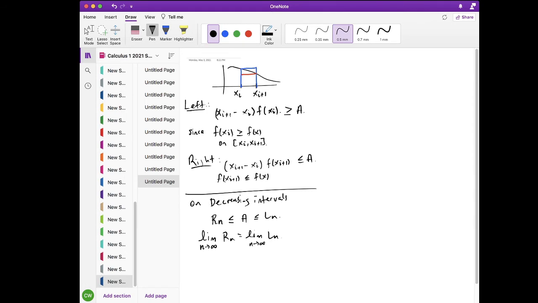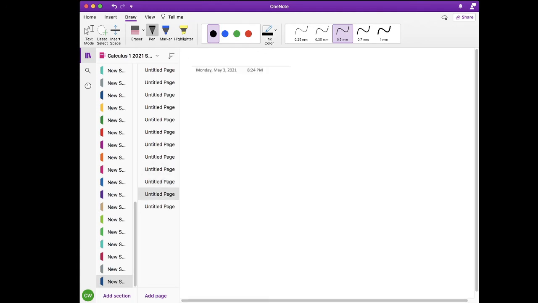Okay, so why do all this? Because we established that if we split the domain up into increasing and decreasing, it's guaranteed that the left and right approximations are its bounds, and that the limits will agree with each other and are the actual area. Since we proved this for all possible types of intervals, we don't have to do it ever again.